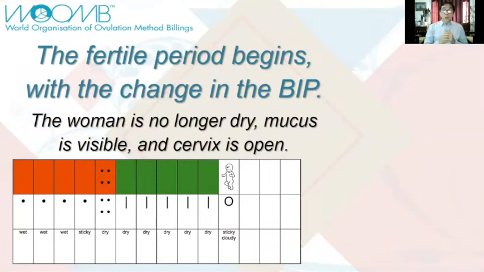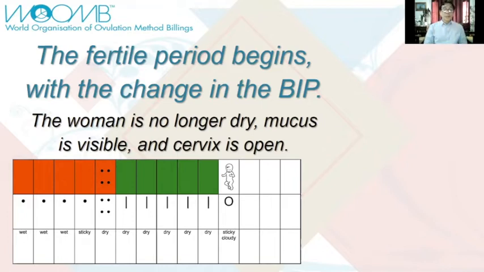According to Doctors John and Evelyn Billings, the fertile period begins with a change in the BIP. It means the woman is no longer dry. Mucus is already visible, and this is an indication that the cervix is already open. Let us try to look at the chart below.